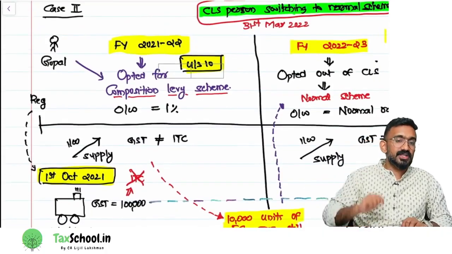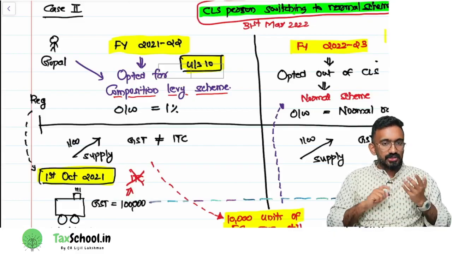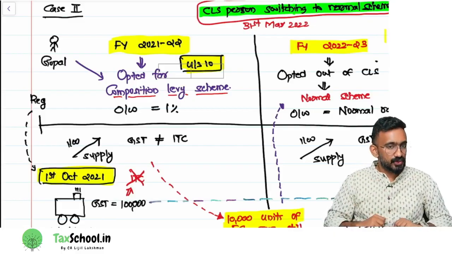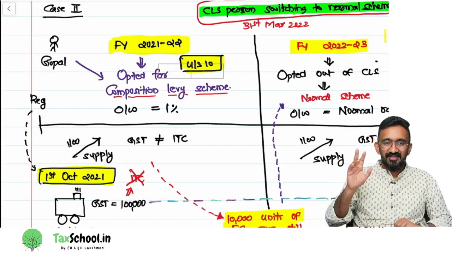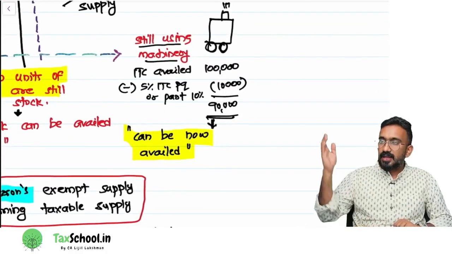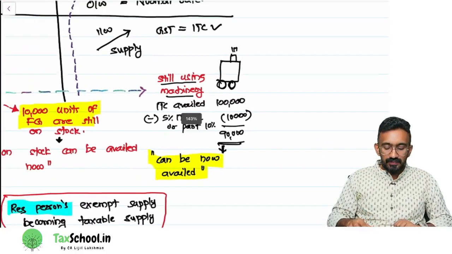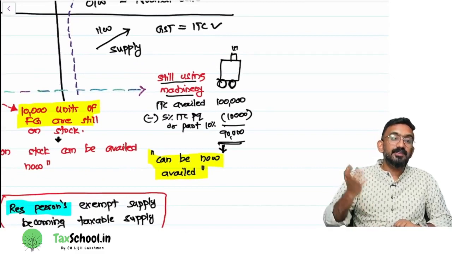Which means how many quarters have I used? October, November, December, 1 quarter. Jan, Feb, March, 2nd quarter. So 2 quarters I've used it. After reducing these 2 quarters, which means every quarter 5%, which means 10% of 1 lakh, 10,000, if you reduce, the balance 90,000 can be taken as ITC even on capital goods.